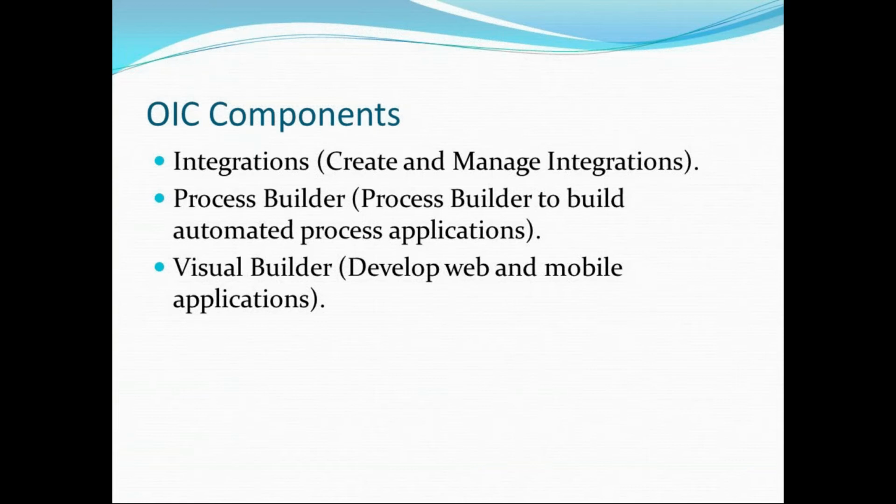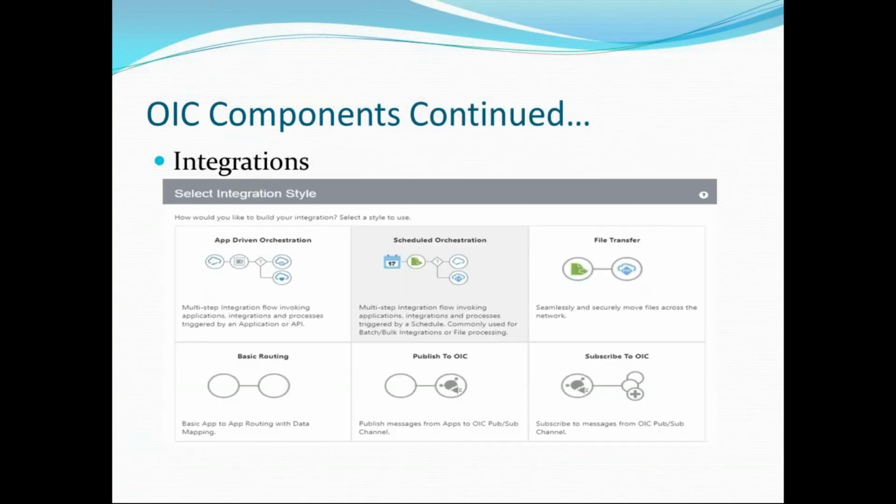Now let's talk about each component one by one. This is the integration, and nowadays integration has different patterns to follow. What patterns you can develop or design in integrations are listed over here.